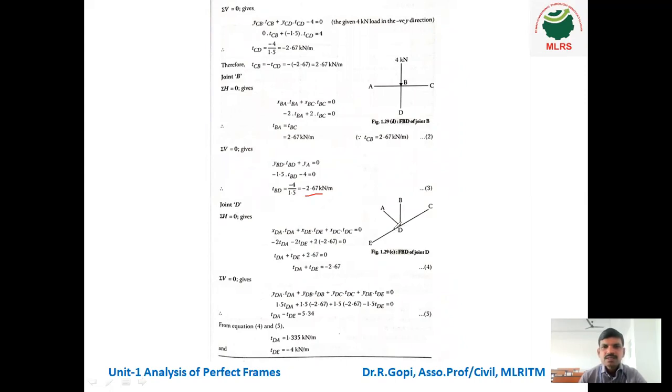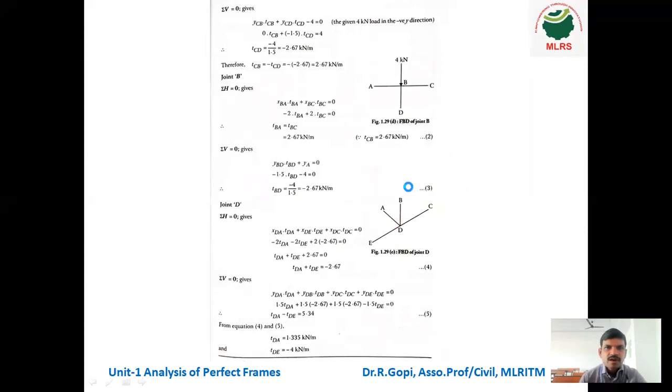Okay, so next come to joint D. Joint D is the last joint. There are 4 members connecting. So we have to write the quadrant. For the x-axis, this is plus, this is minus. So XDA TDA plus XDE TDE and XDC TDC equal to 0. This B term will not come because it is purely vertical. So next calculate XDA. What is XDA?